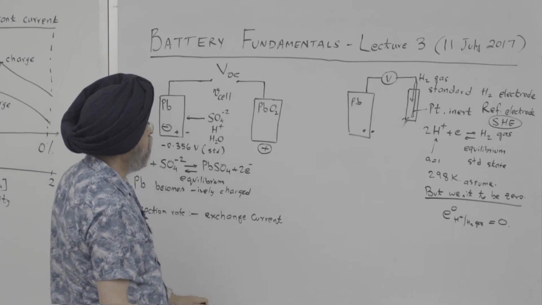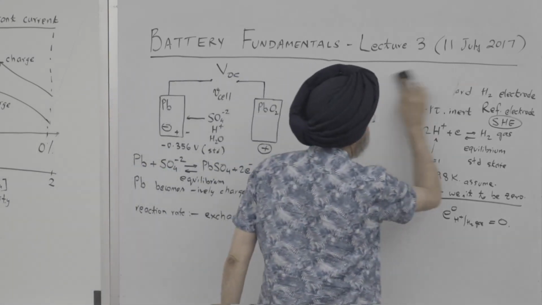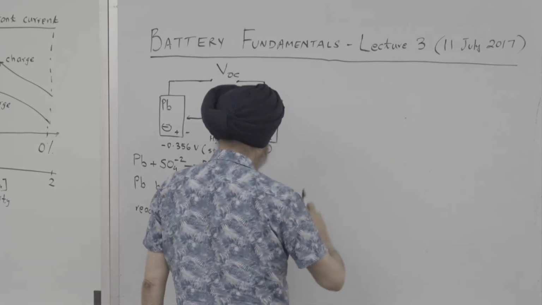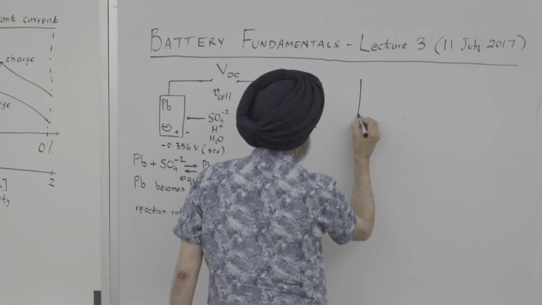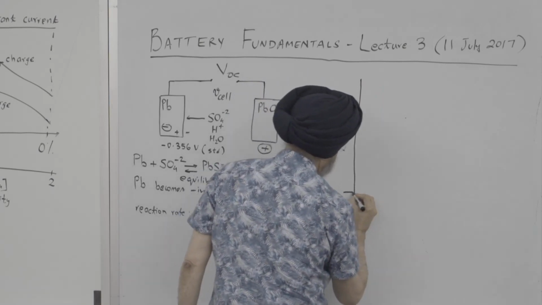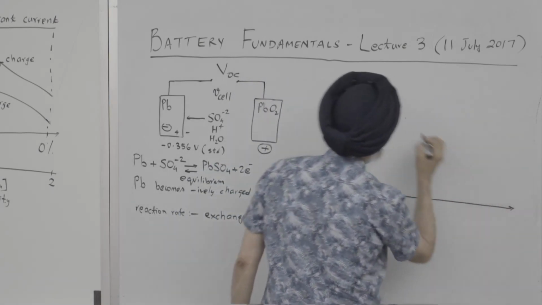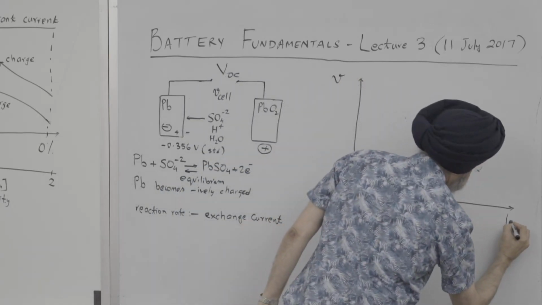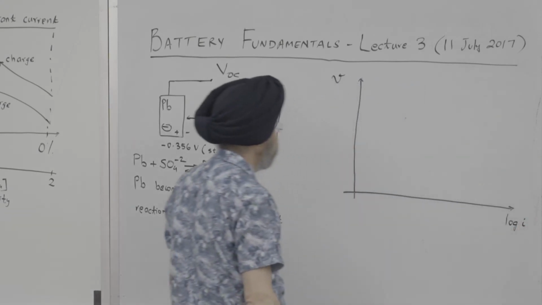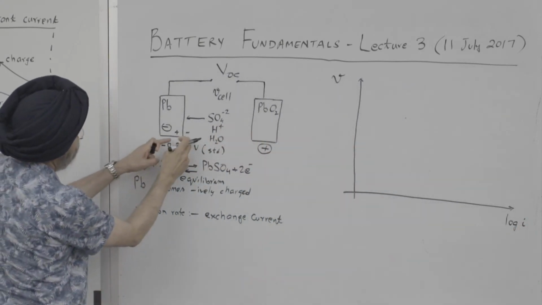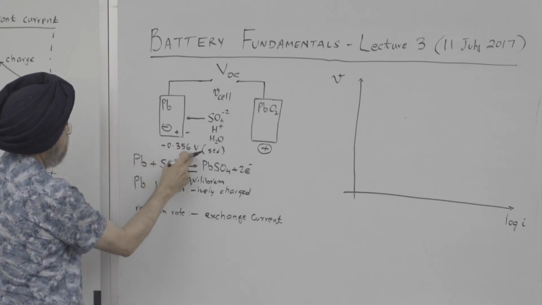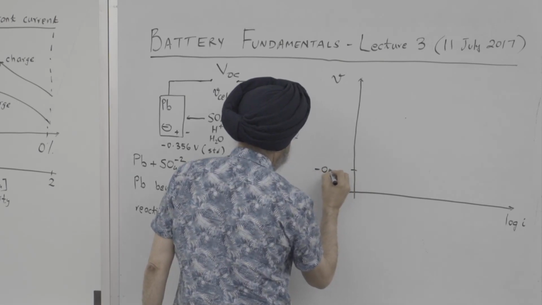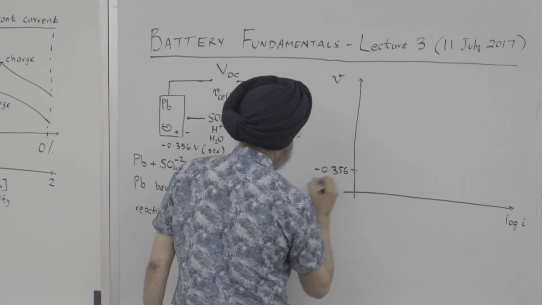Okay, so at this point, let me rub this side, and let me draw the diagram which is fundamental to our class today. I'm going to plot voltage versus log of some current. So here, this voltage is minus 0.356 volts, right?